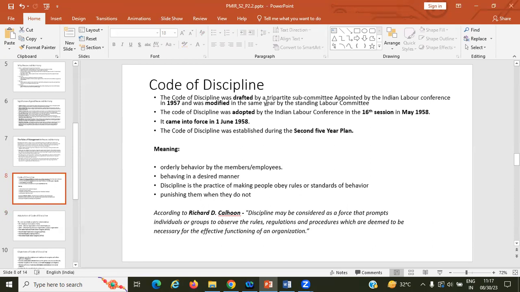So they drafted it, then it was adopted. After 1957-58, a few companies, few employers in government organizations or few trade unions accepted it. So that is in the next slide.